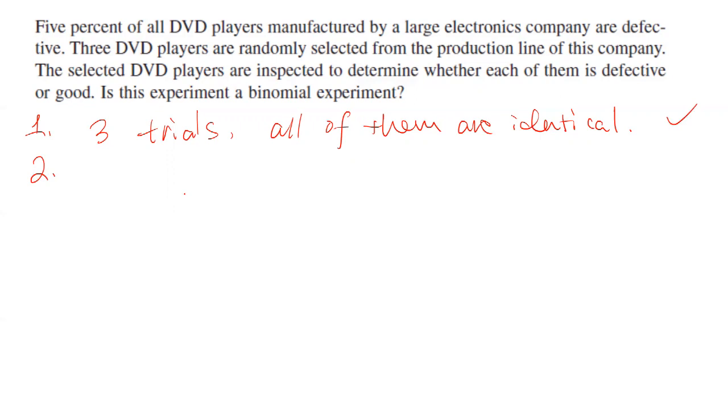Second one, each trial has 2 outcomes, right? What outcomes? Whether they are defective or good, right? So there are only 2 outcomes for each trial.